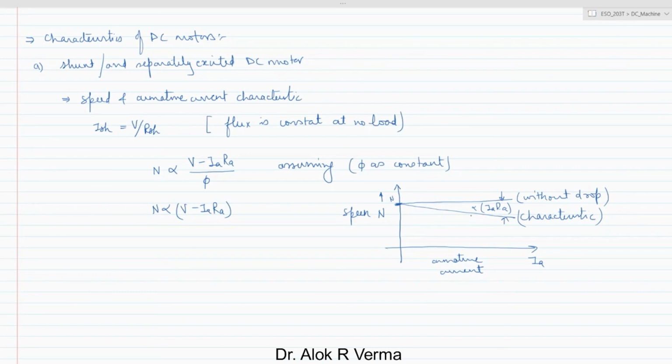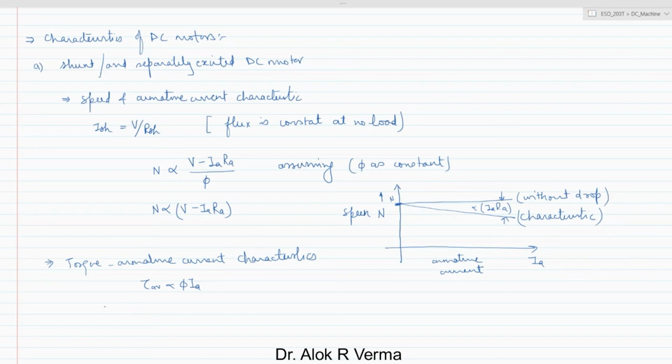Similarly, the second characteristic would be the torque armature current characteristic. We have seen earlier the average torque, which is proportional to the product of phi into IA.